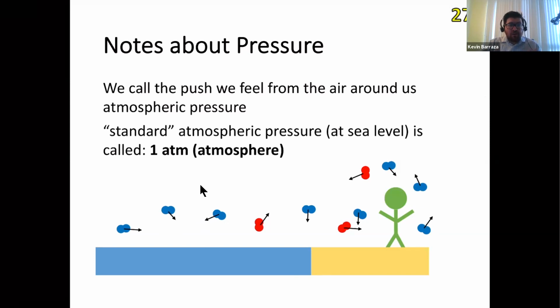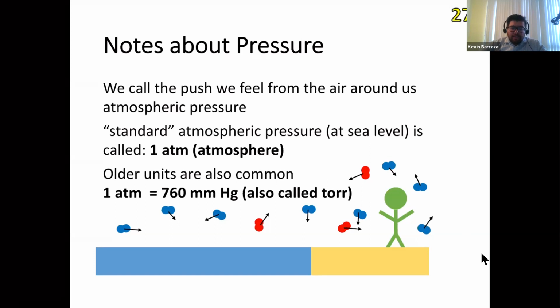What we consider normal or standard is called atmospheric pressure, and it's basically the pressure you feel at sea level, and it's given the unit of atmosphere. So we say normal pressure is 1 atmosphere, and if we have a number greater than 1, it means we have higher pressure than normal air, and if it's lower than 1, it means we have pressure that is lower than normal.